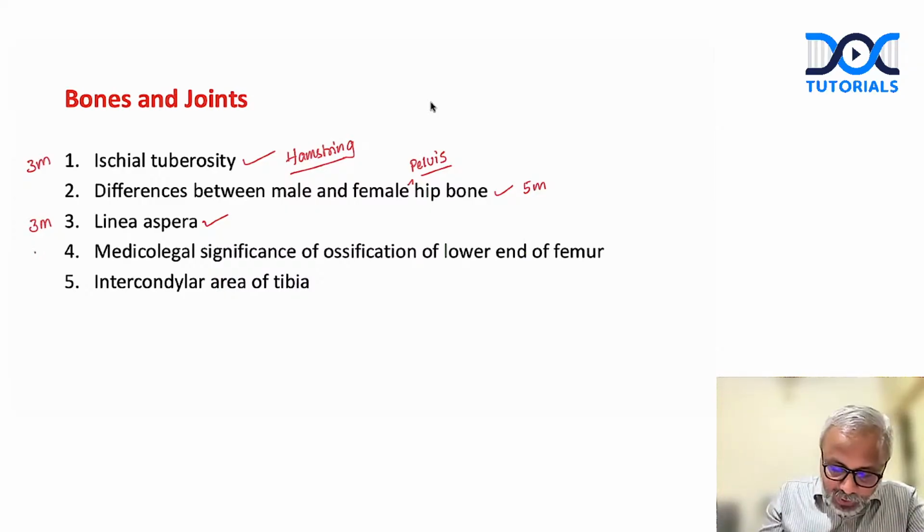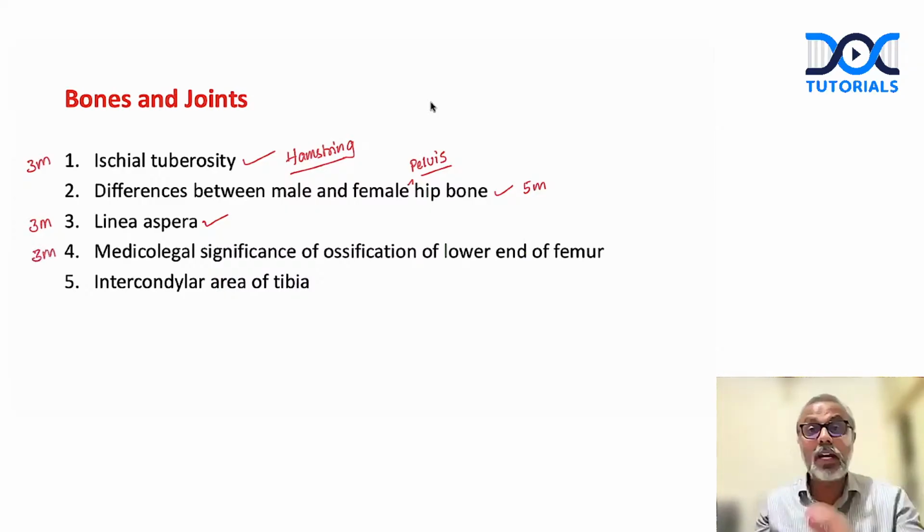Now this is a reasoning type of question that can be asked from the bones of the lower limb. What is the medico-legal importance of the ossification of the lower end of the femur? Remember, the ossification for the lower end of the femur basically arises just before birth or at the 9th month of intrauterine life.